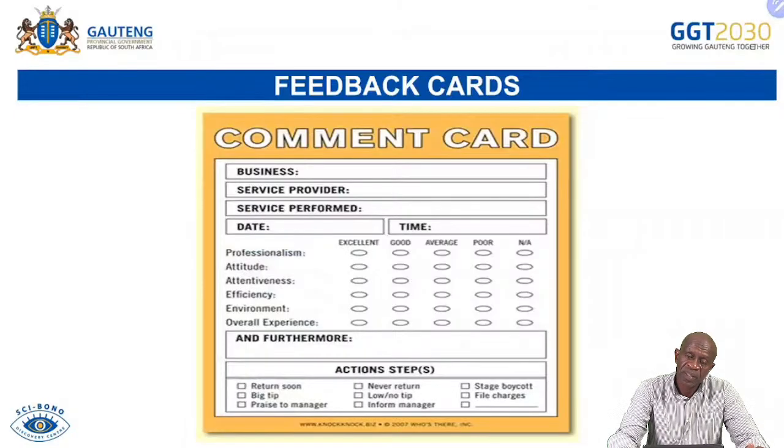It asks questions that are rated based on professionalism, ranging between excellent, good, average, poor, and not applicable, meaning that the customer is in between and cannot decide how to rate.